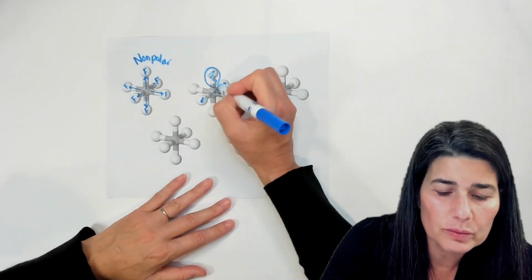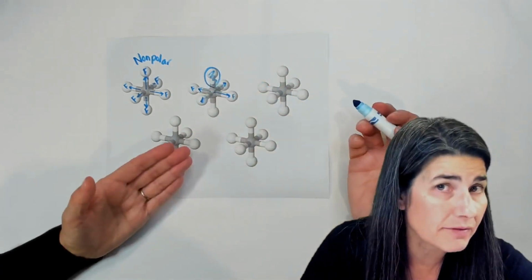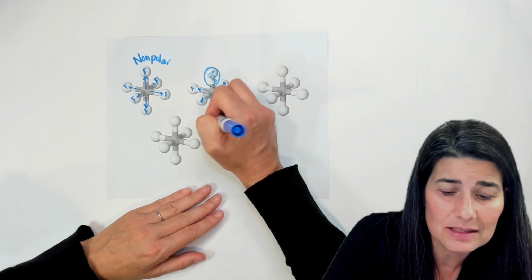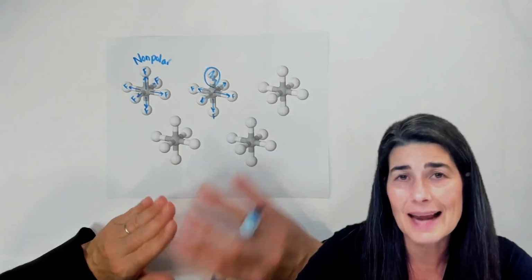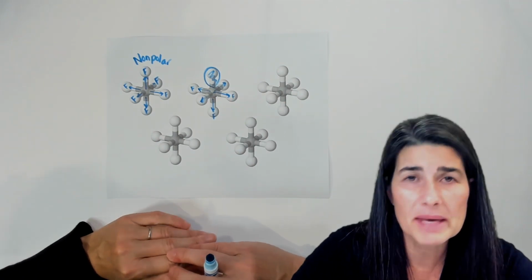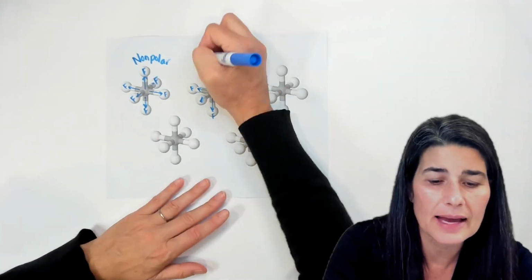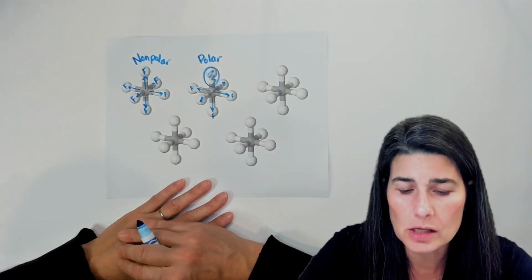The pull to the right, let's say that's fluorine, is going to cancel out with the pull to the left. Okay, no winners yet, but there's nothing to cancel out this pull towards the bottom. So, since this is not symmetrical, there will be a winner. The electrons will be pulled towards one side, and we're going to call that a polar molecule overall.